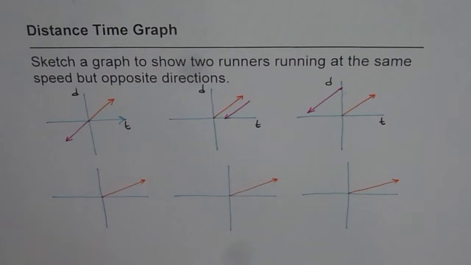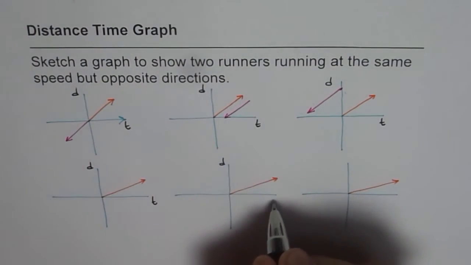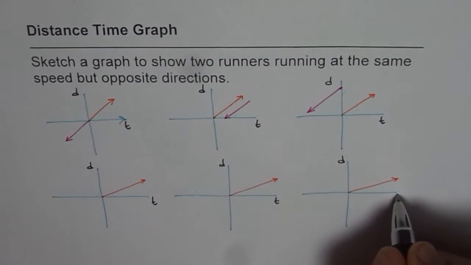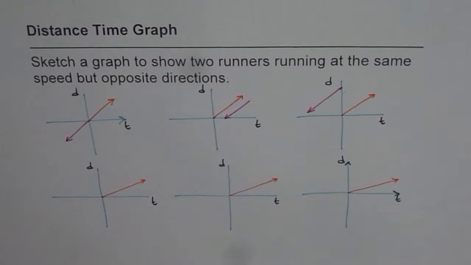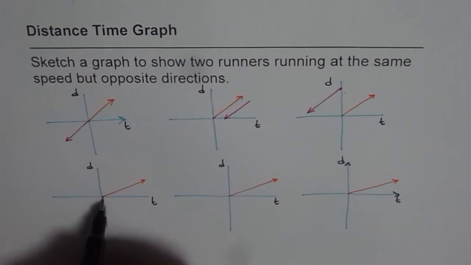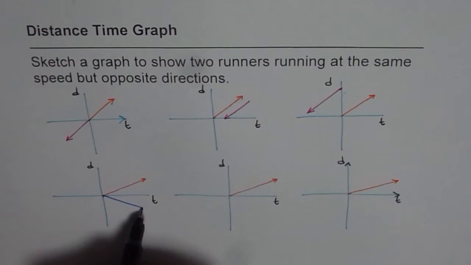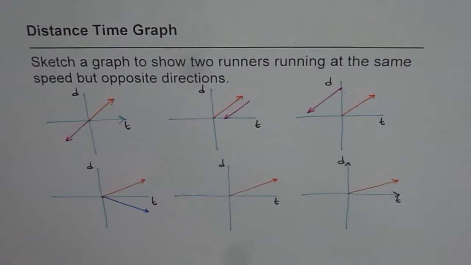Now in each case, again, it is distance and time, right? Okay, so I'm not drawing the arrows, but that is by default. Now if I have to show same speed in opposite direction, can I draw from here a graph like this where the two angles are equal? Will that represent same speed and opposite direction?